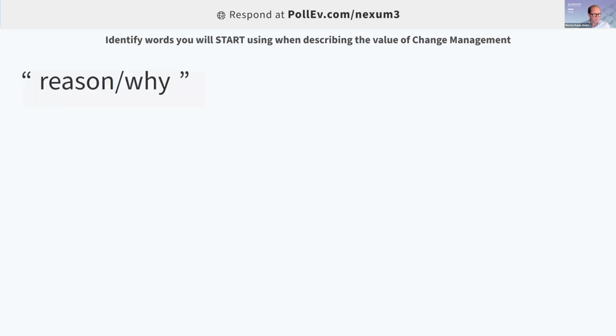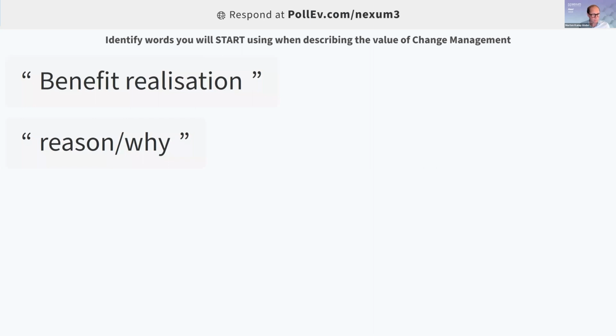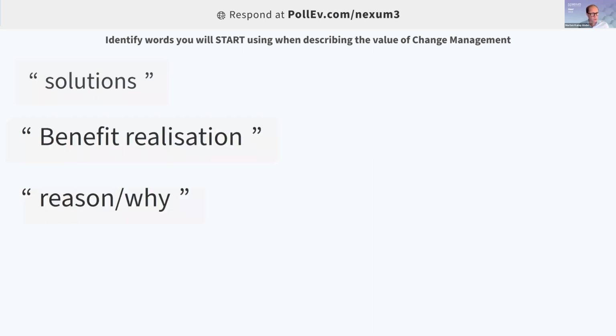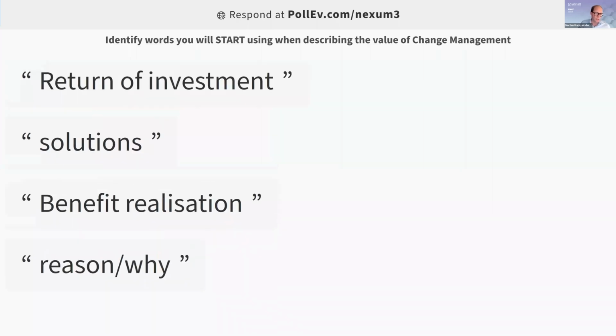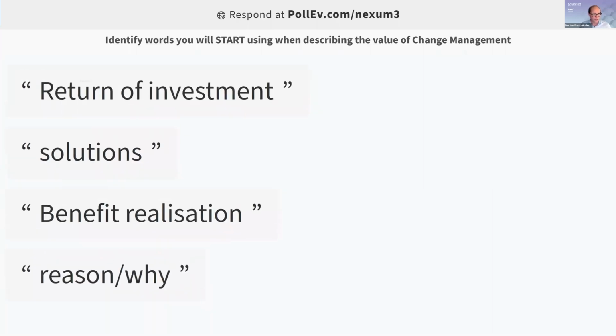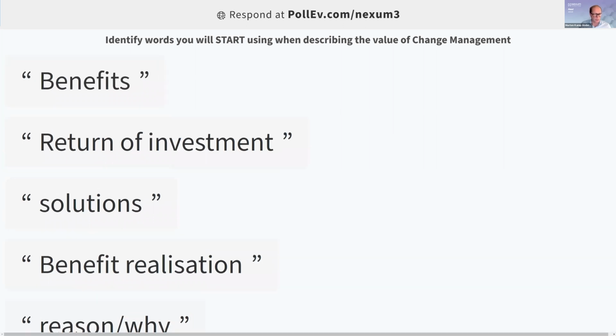Reason why, yes, perfect. So talk a little bit more about benefit realization, yes, solutions, and also maybe what the solution is going to bring, benefits. I like you writing benefits here.